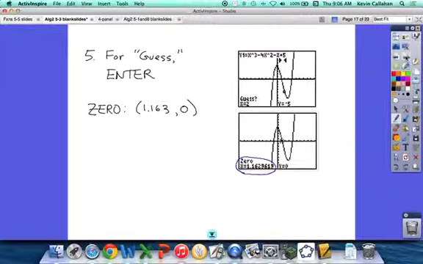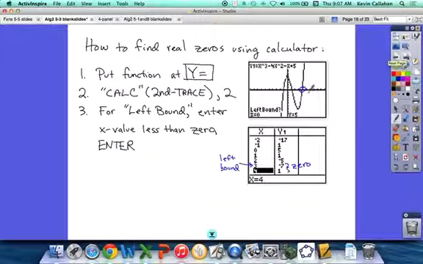So were we able to get an answer? 1.163 approximately. Every x-intercept, okay, so we have to do it one more time. We've got to find that third zero. Let's go for that one.